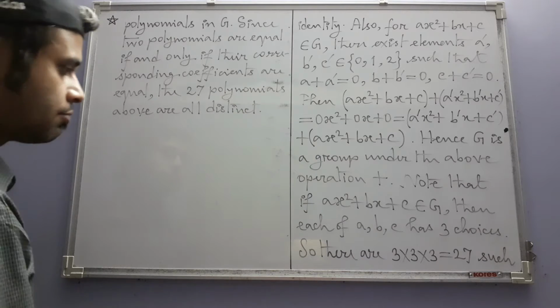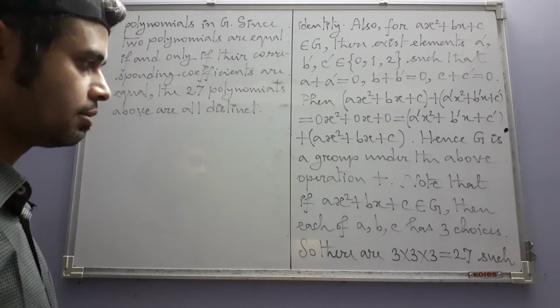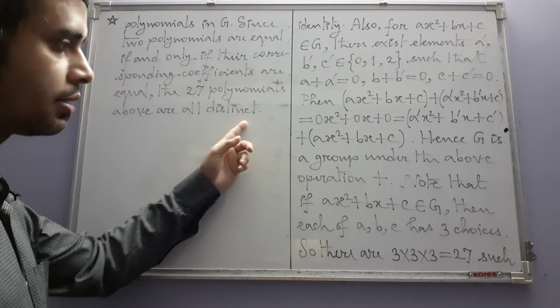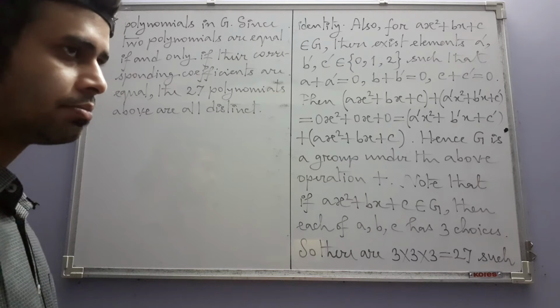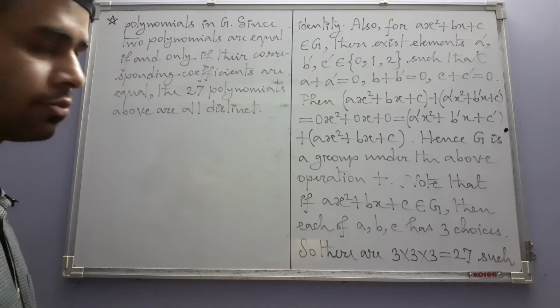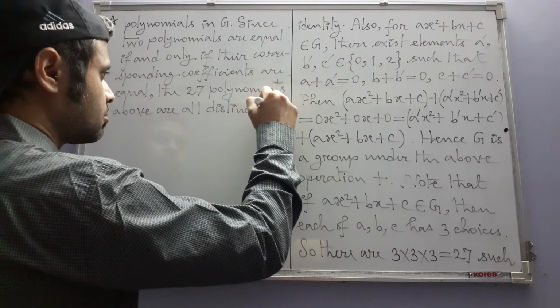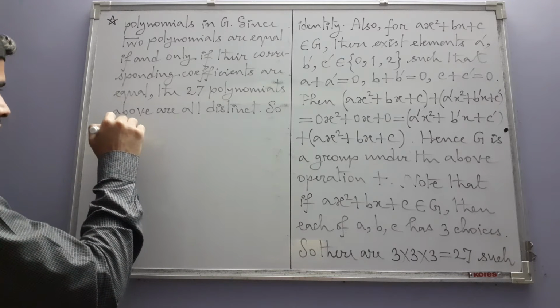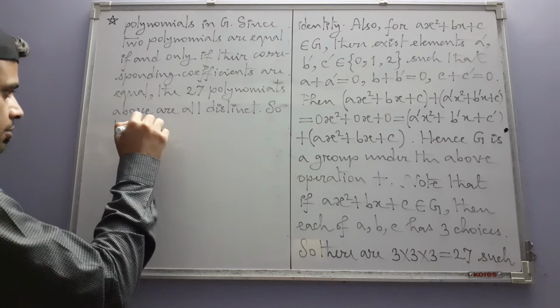So we get, of course, 27 symbols, and then we also get the fact that those symbols actually represent distinct elements of G. So the order of G is equal to 27.